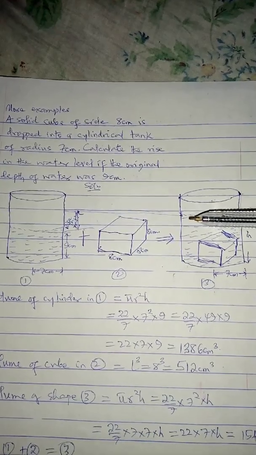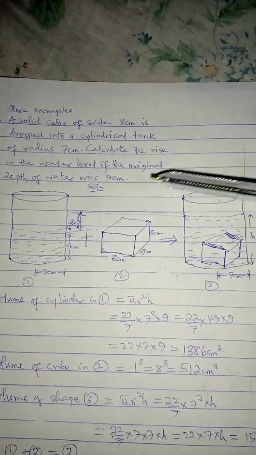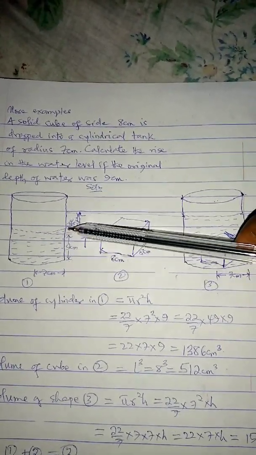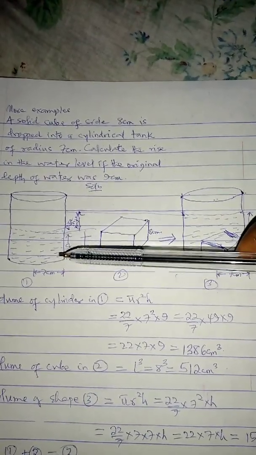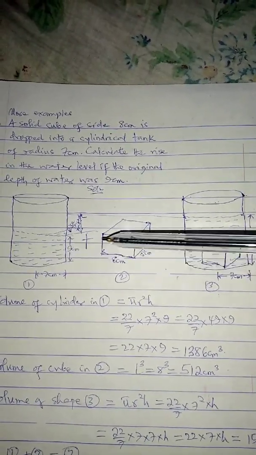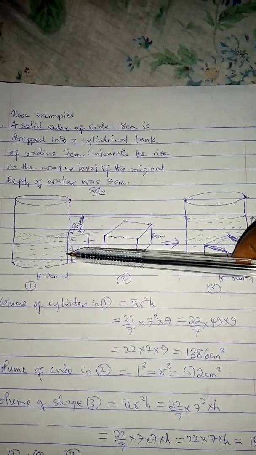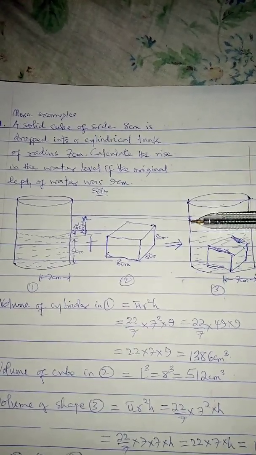But the new height is what we don't know. Originally, we were given that the depth of the water was 9 cm. But after dropping the cube into the water in the cylinder, the water will rise to this new level.